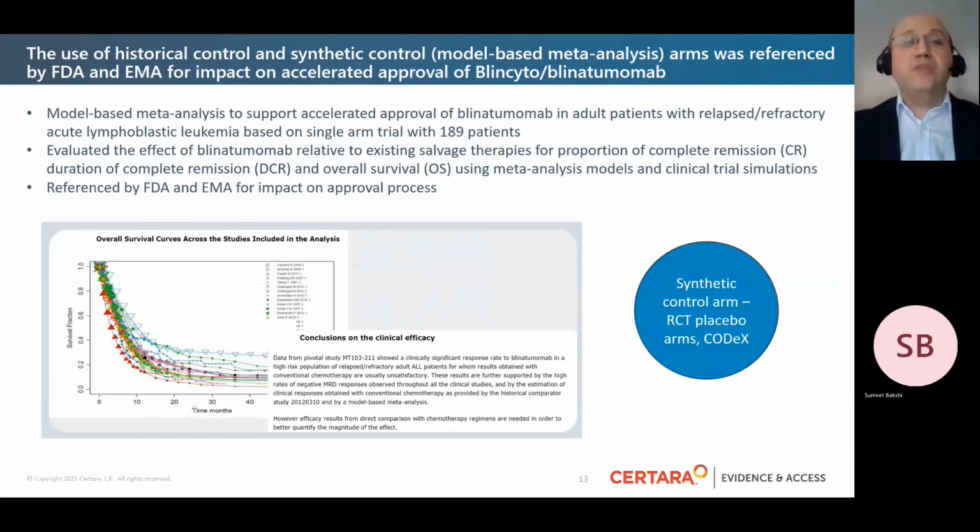And the use of both historical control arm and synthetic control arm was referenced by FDA and EMA as an impact factor for the approval process. And if we go back to the classification of external control arm, here is an example of using multiple control arms via a hybrid approach, i.e. historical and synthetic control arms, which were part of a successful approval process.